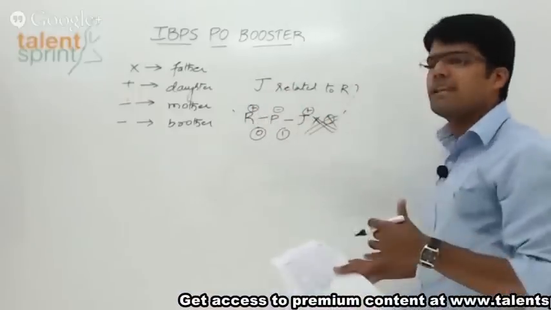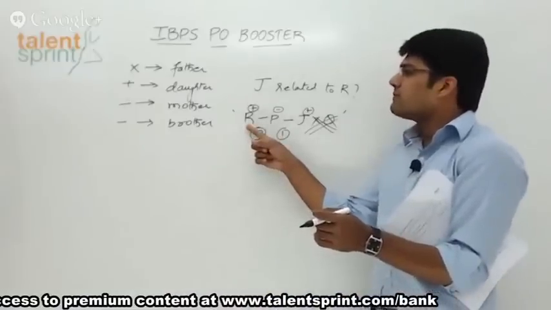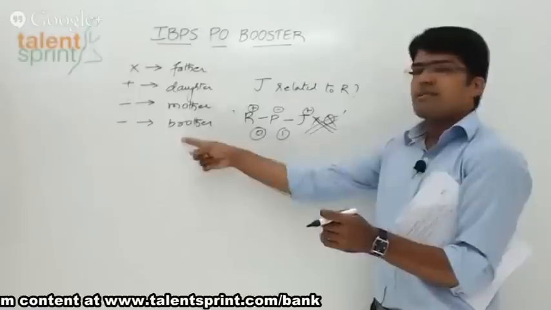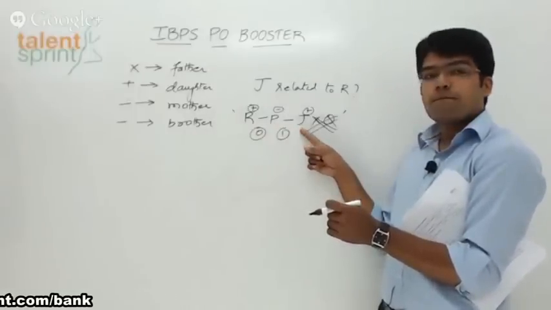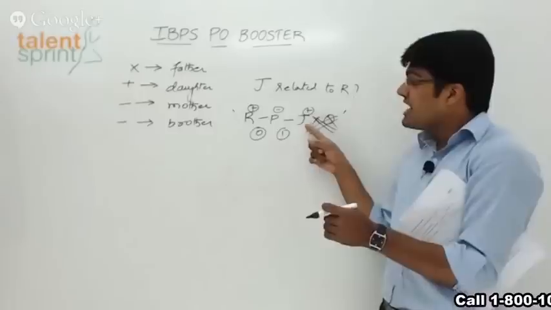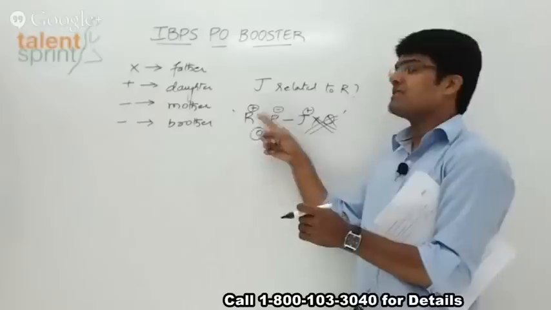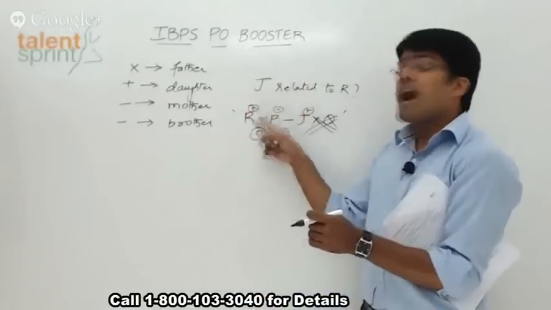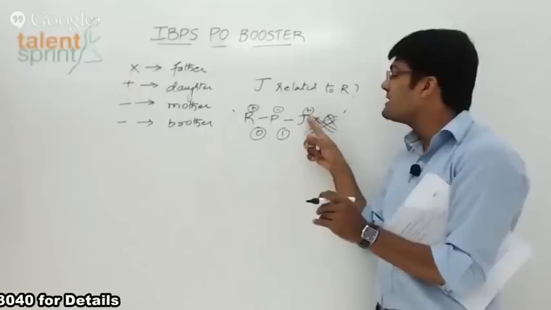Now if you understand, even without drawing family tree, what happens? R is the brother of P, minus means brother, and P is the mother of J. So J's mother, mother's brother is uncle. So R is the uncle. If R is the uncle, J will be nephew or niece. Why is it nephew?